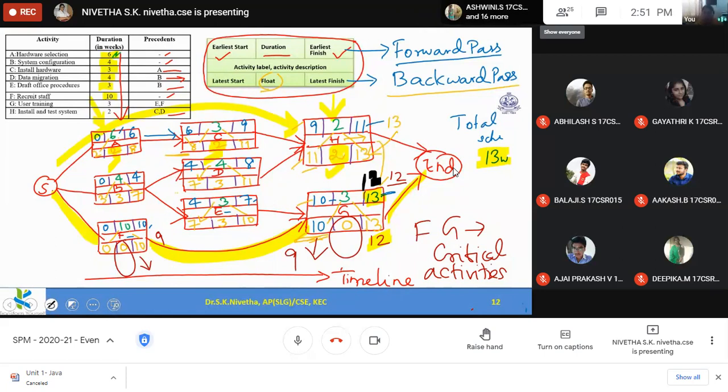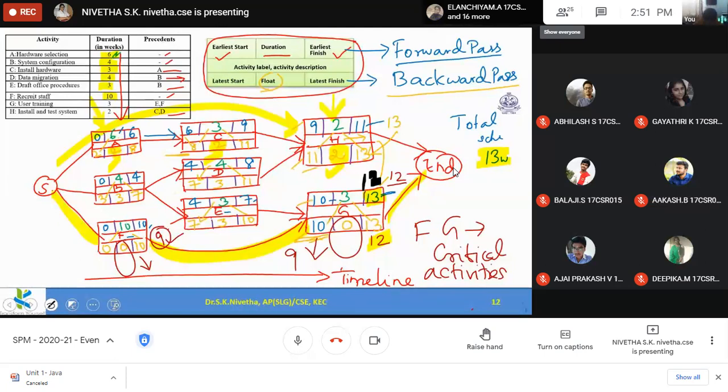Then I have to check the possibility of completing this during the 9th week. Extra resources and extra persons work on the F activity so that I can check whether it can be completed in the 9th week. So this is how the schedule and sequence is finalized by a project manager for any project.